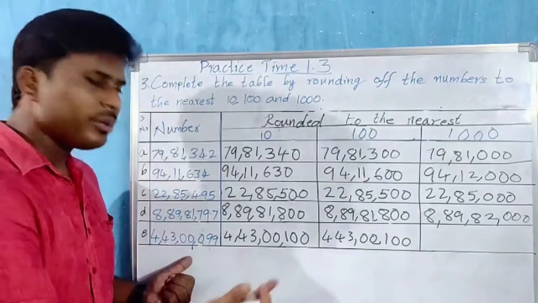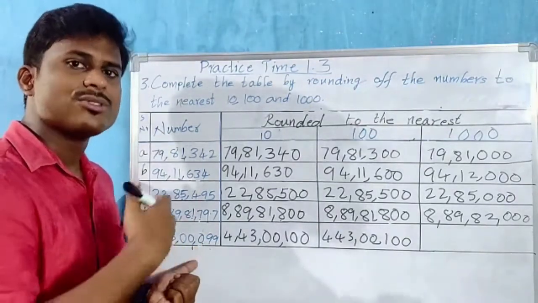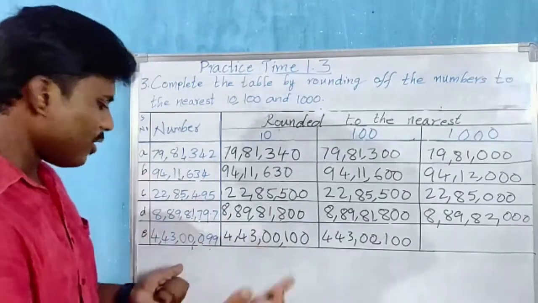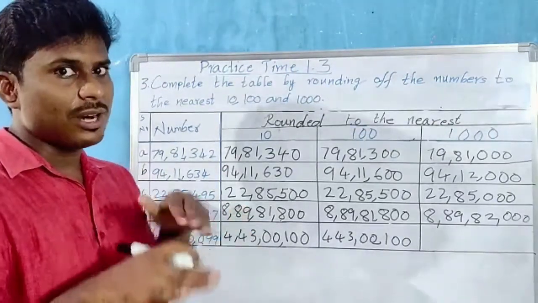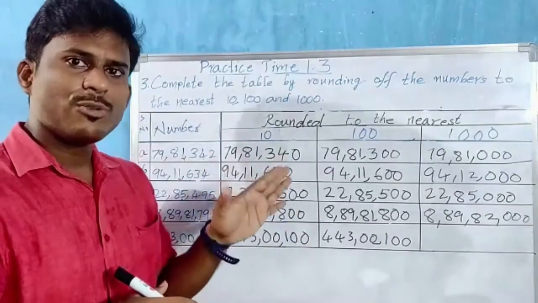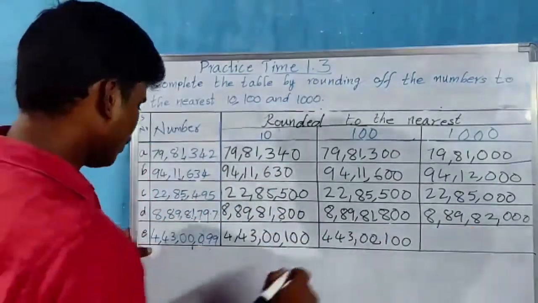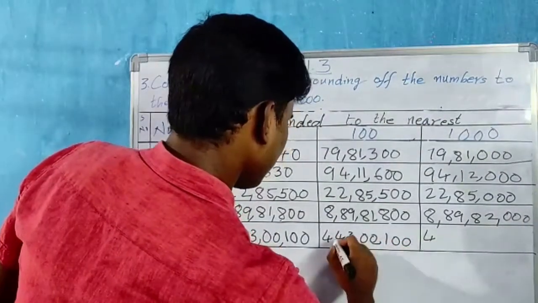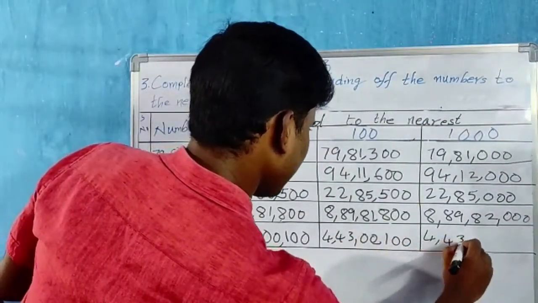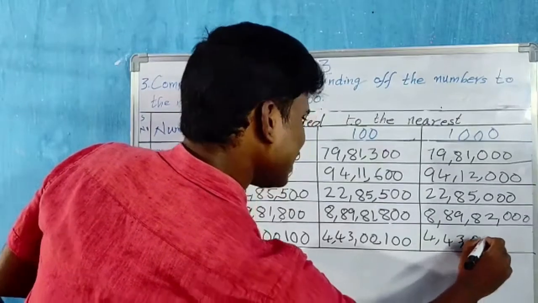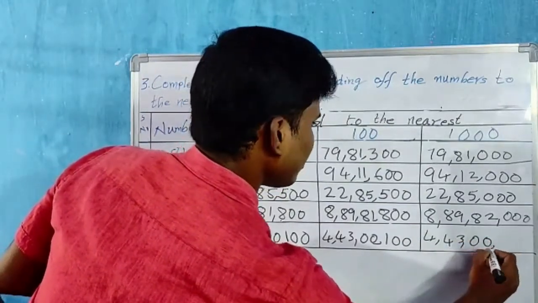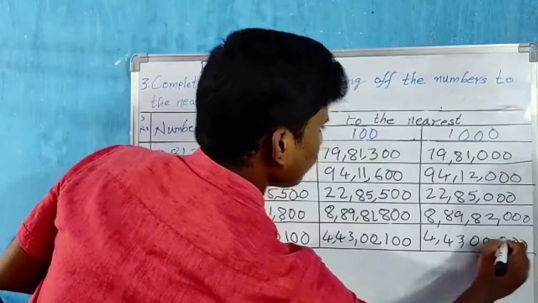Immediate right side of the rounding digit, which digit do we have? 0. When we have 0, slide on the floor. Actually what I said earlier, 0 means what? Directly you can write the same as it is and the remaining all zeros. So let us write 4 crore 43 lakh 0, and I am placing 0 here. Then remaining right side all zeros.